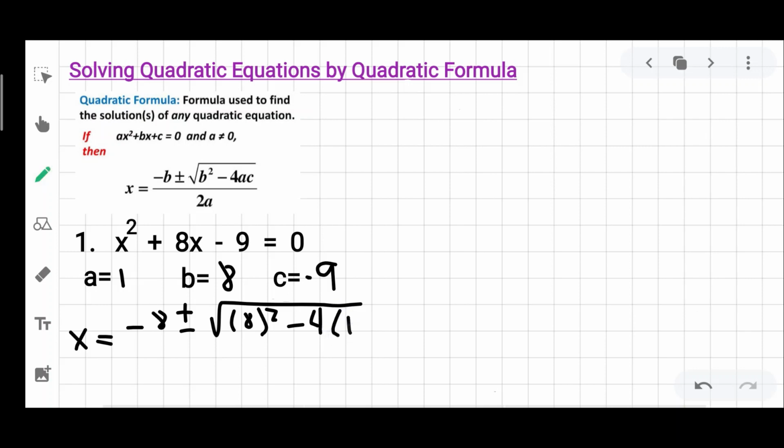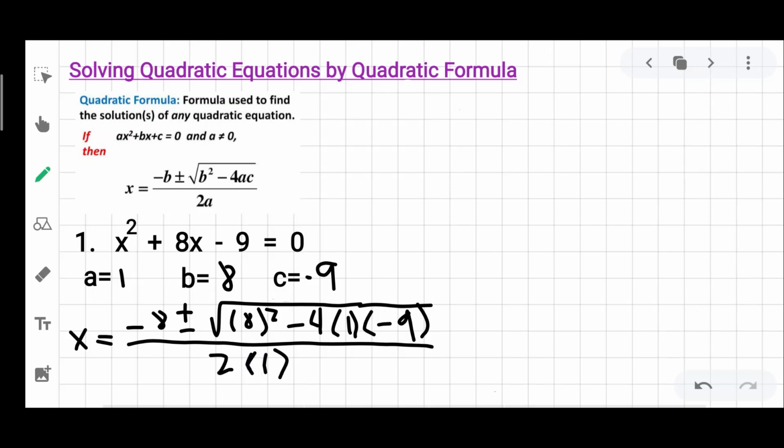So, ang a natin is 1, and our c is negative 9. Okay, all over 2a. So, 2a, yung a natin is 1.